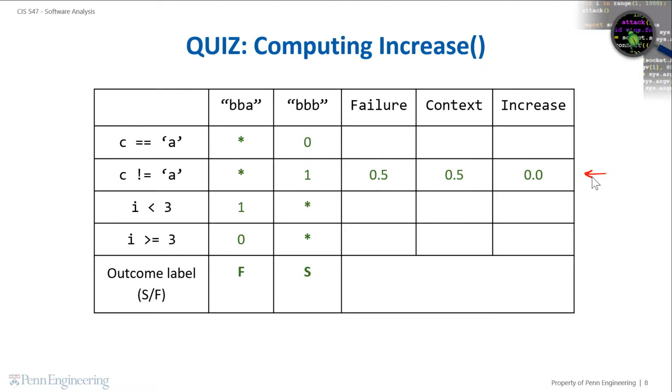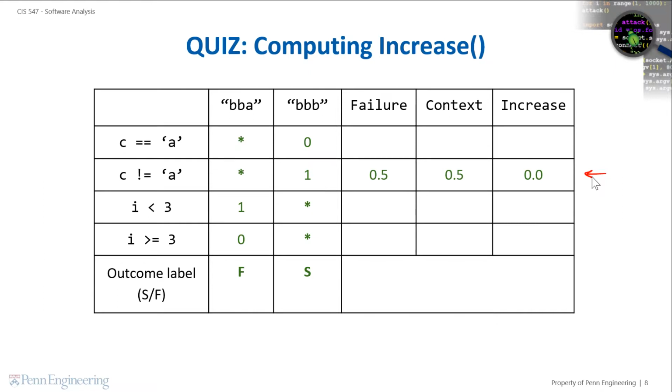However, since there is one failing run in which it was observed and one successful run in which it was observed, the predicate's context score is also 0.5. Therefore, its increase is 0, indicating that the truth of c not equals a does not have a significant effect on the failure rate of the program beyond its background probability of failure.